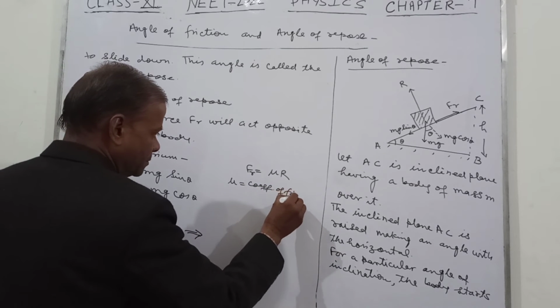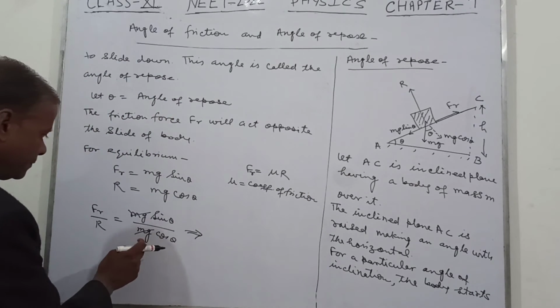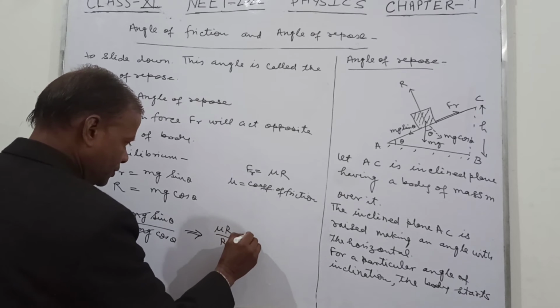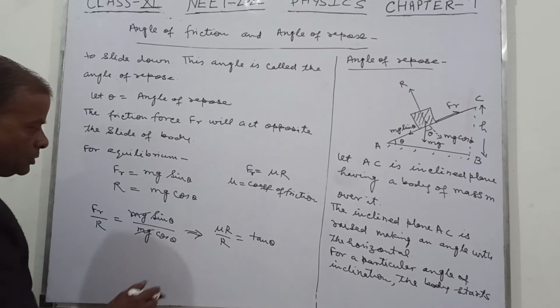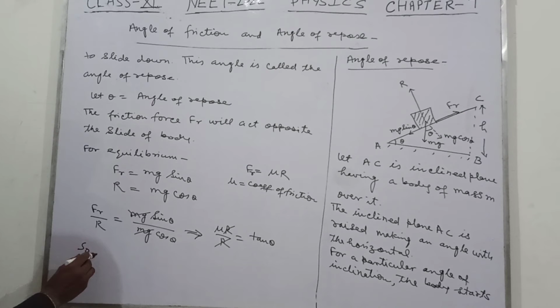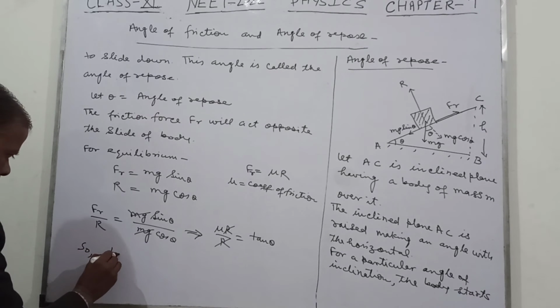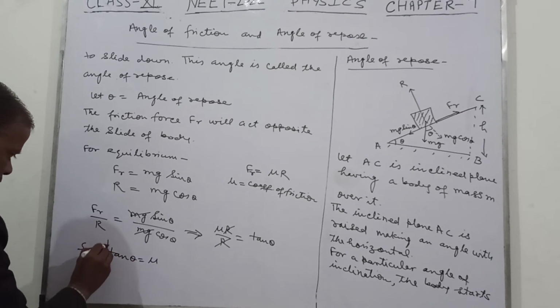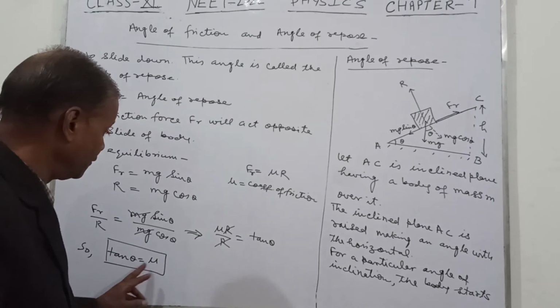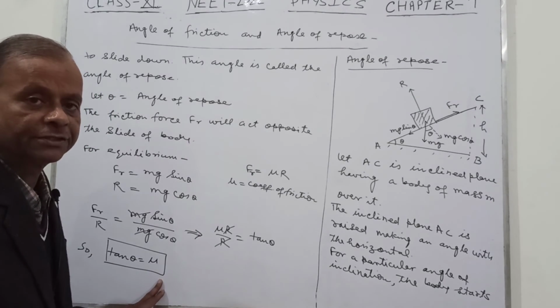So mu R upon R is equal to tan theta. R and R will cancel, so tan theta is equal to mu. It means that the tangent of the angle of repose is equal to the coefficient of friction.